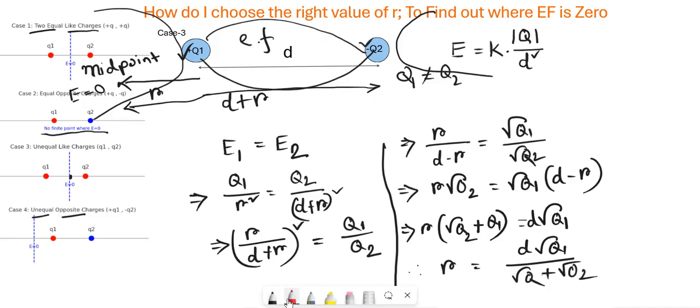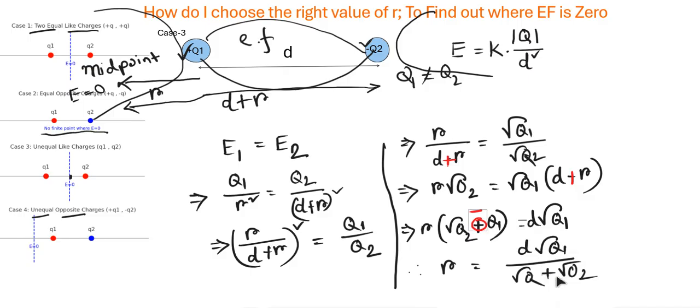Let's use red color pen. So obviously this is positive as well, and here will be a negative value, right?